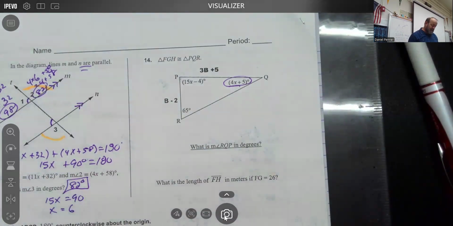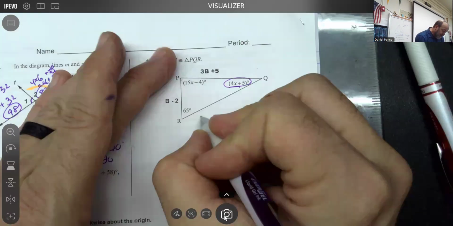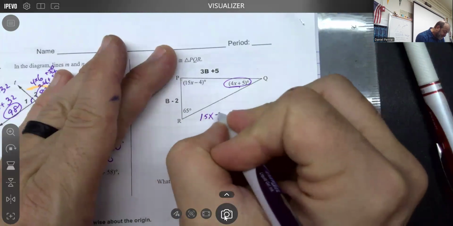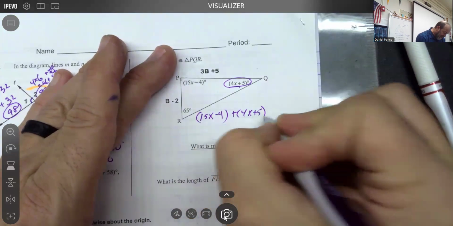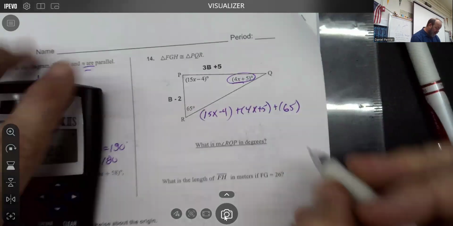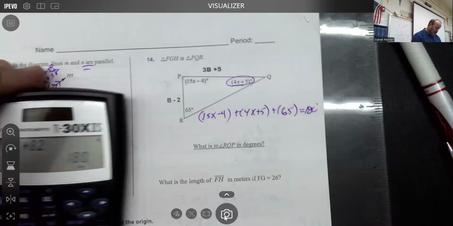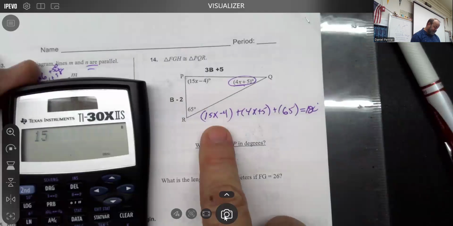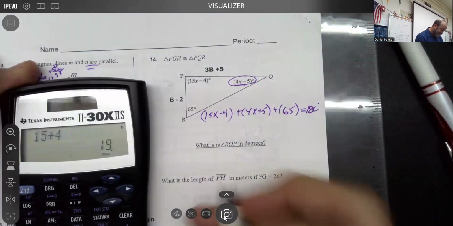Triangles always have a sum of 180 degrees. So the 15x minus 4 added to the 4x plus 5 added to the 65, all of those angles should grand total add up to 180 degrees. So 15x is here, 4x is here, that's 19x's.